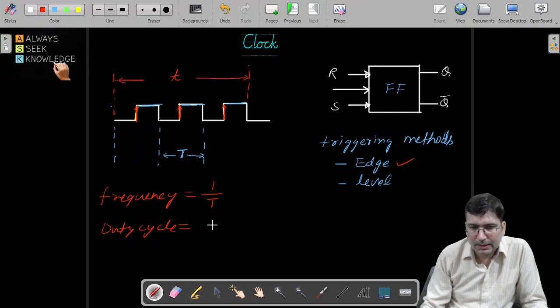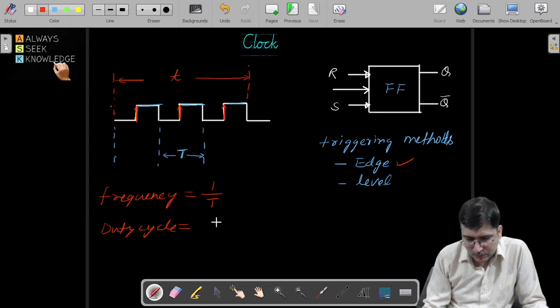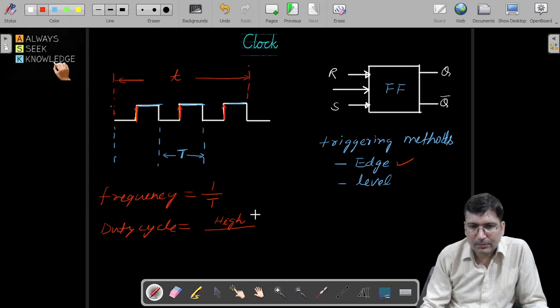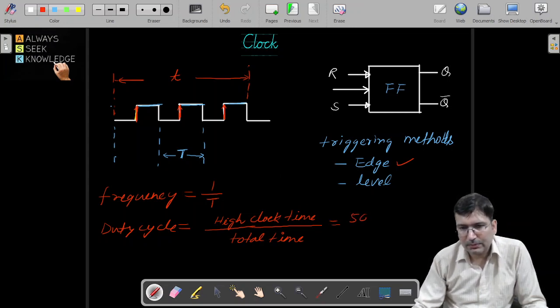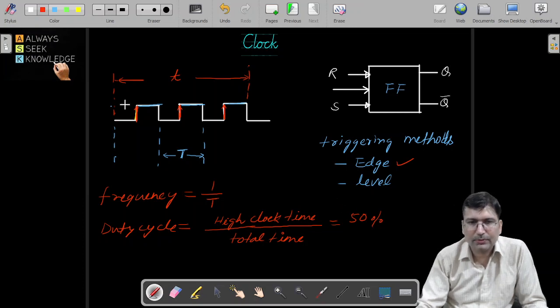So the duty cycle is the high clock time divided by the total time. This we consider as the duty cycle, and in this case the duty cycle is 50% because half of the time it was high.